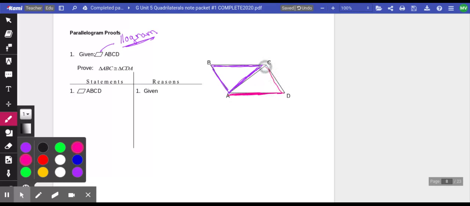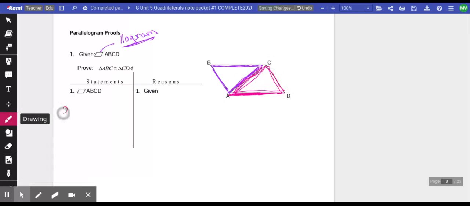Well, if I know the whole shape is a parallelogram, that tells me that BC is congruent to AD and that AB is congruent to CD because I know opposite sides in a parallelogram are congruent.